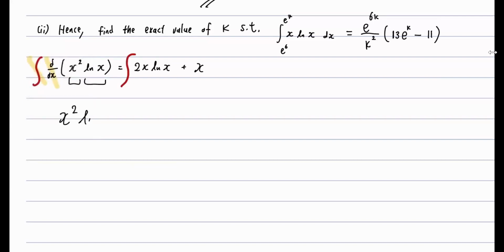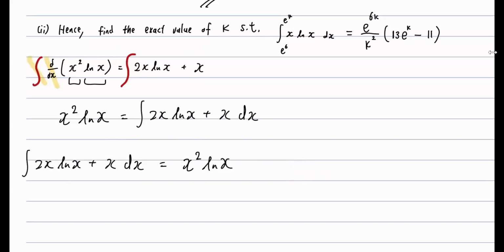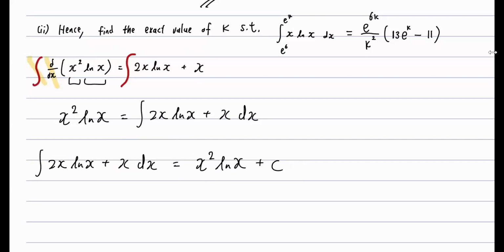You're left with just x squared ln x equals the integral of 2x ln x plus x dx, and a plus c. Just to make it look neater, I will swap and write it like this with a plus c.